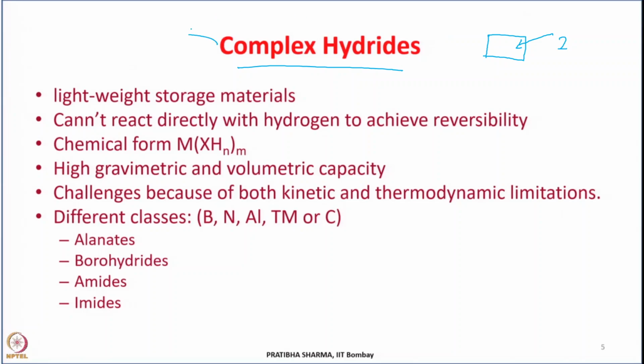But for the complex hydride, which differs from the metal hydride as I will explain, suppose 1 kg of complex hydride can store 4 kg of hydrogen. So the gravimetric capacity of complex hydride is higher than the metal hydride.